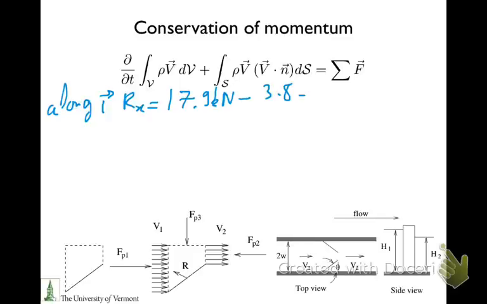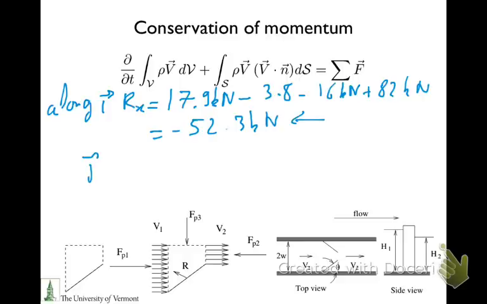The contribution of FP2 is minus 16 kilonewton, and the contribution of FP1 is plus 82 kilonewton. The net force is minus 52.3 kilonewton, and so the force is going this way.